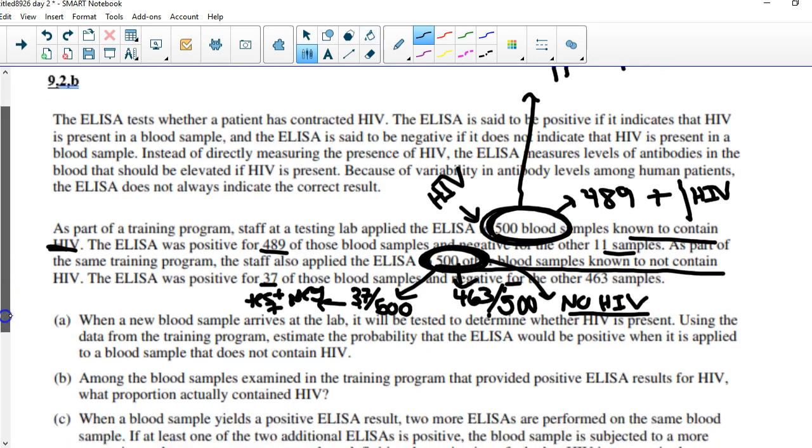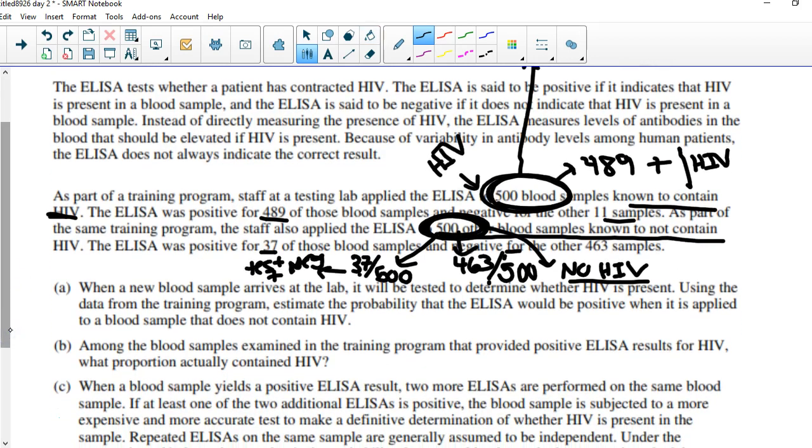Part A. When a new blood sample arrives at the lab, it will be tested to determine whether HIV is present. Using the data from the training program, estimate the probability that the ELISA would be positive when applied to a blood sample that does not contain HIV. So this is a given now. That goes in our denominator.